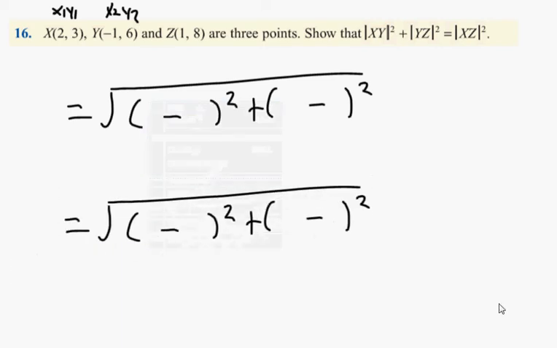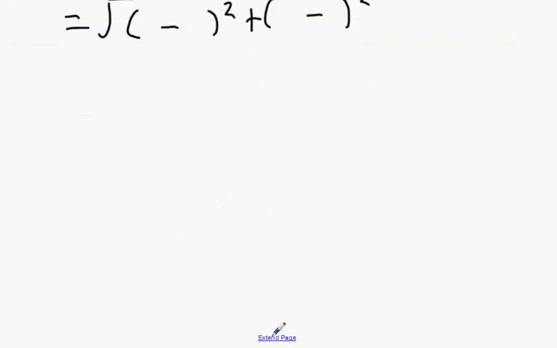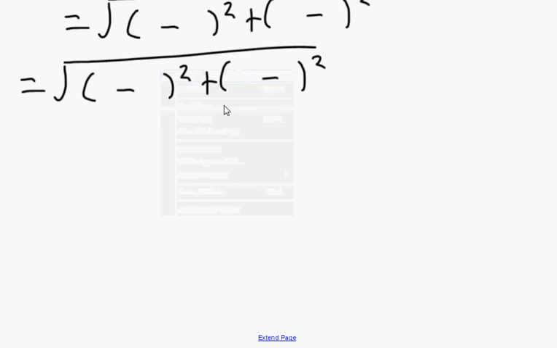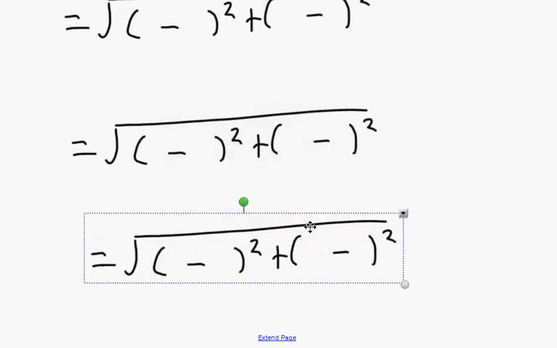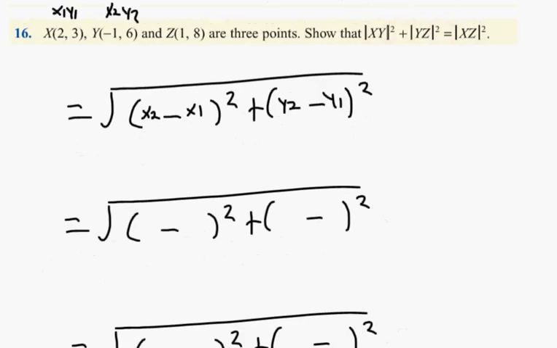Now, this is X2 minus X1. This is Y2 minus Y1. That's the generic formula. I'm going to have to do this formula 3 times, okay? So I'm going to have to do this formula 3 times in order to get enough information to complete the question, okay? So, start with the first one.